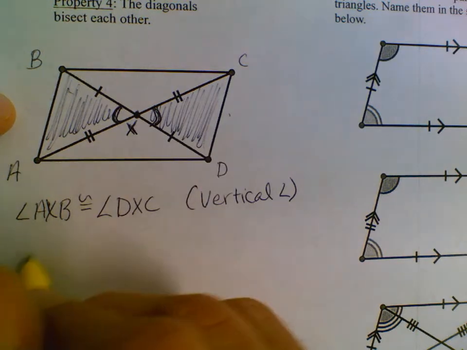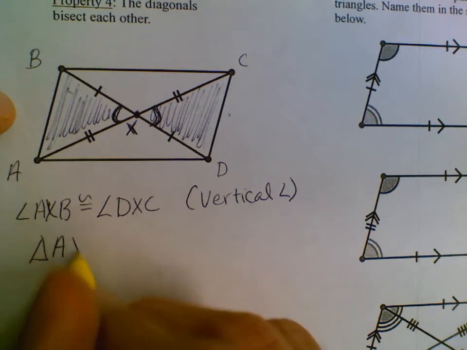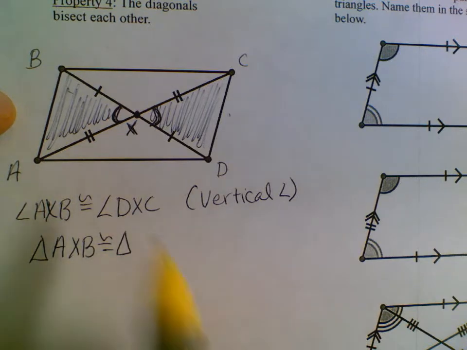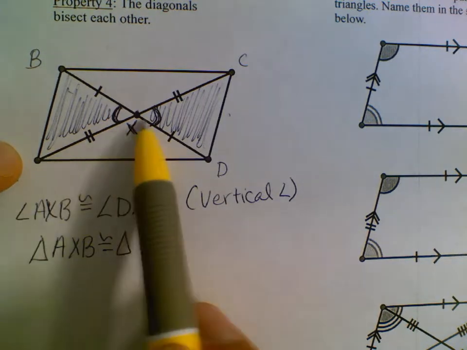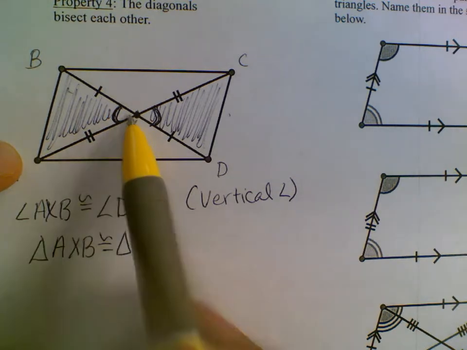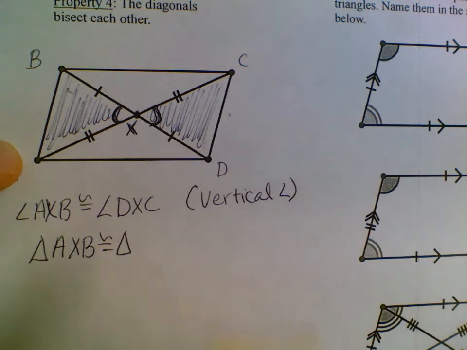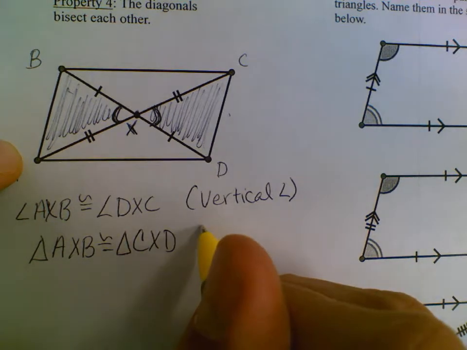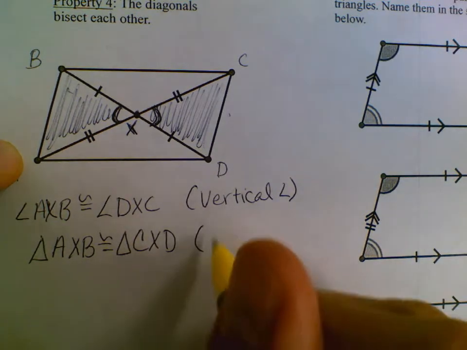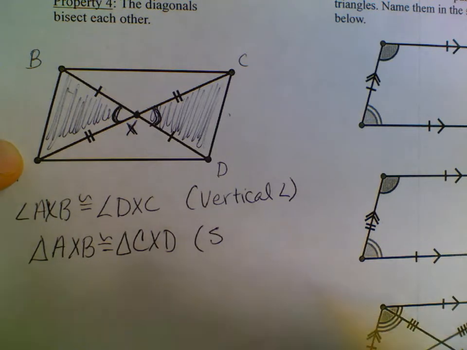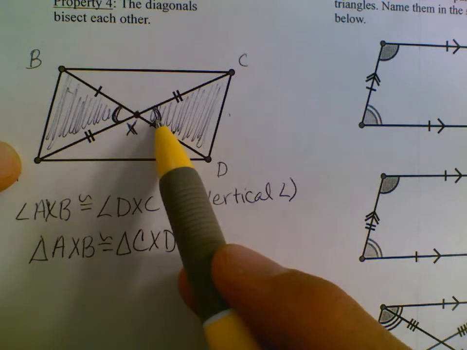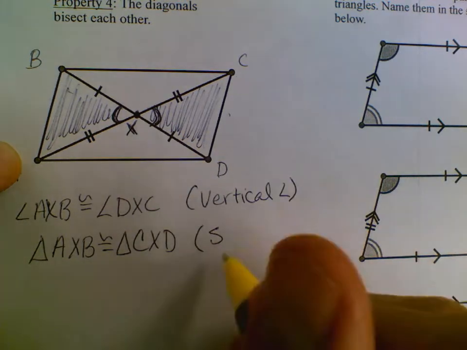Triangle AXB is congruent to, make sure the letters line up right, AX has two marks on it, so I need to say CXD, by what theorem? There's a side there, and an angle there, and a side there, so side, angle, side.